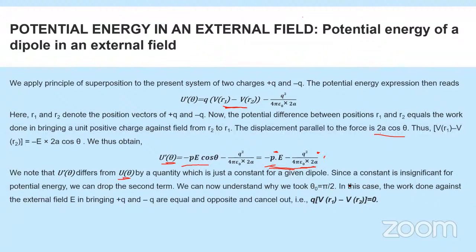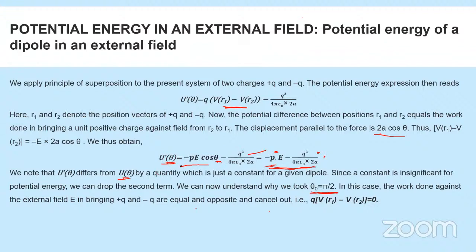In that case, the work done against the external field in bringing plus q and minus q are equal and opposite, and they cancel out. If we take theta 0 as pi by 2 over here, it is going to get 0, and we have also dropped this term.